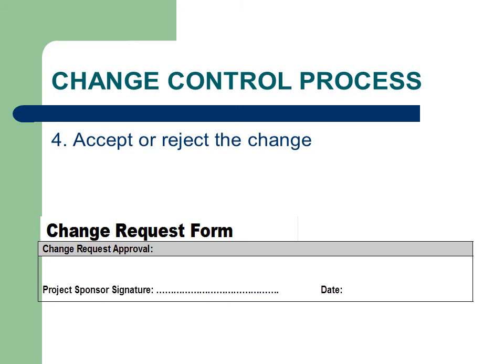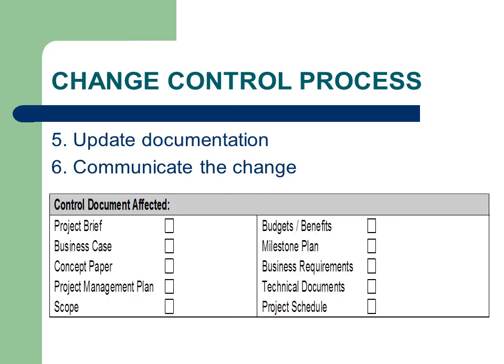Next, the change must be accepted or rejected. Once the impact assessment is completed, the project sponsor and key stakeholders must formally accept or reject the change. This result must then be updated in the change control register and communicated to the project team and all stakeholders.